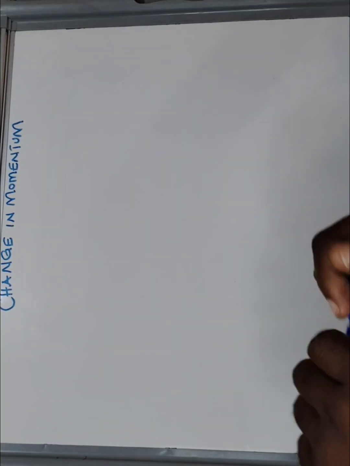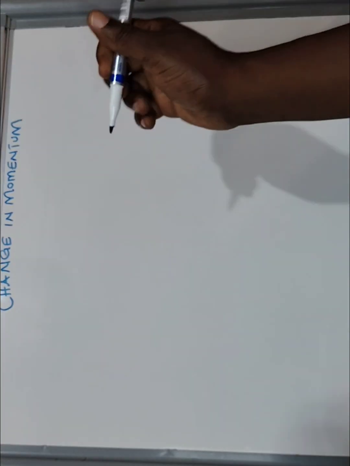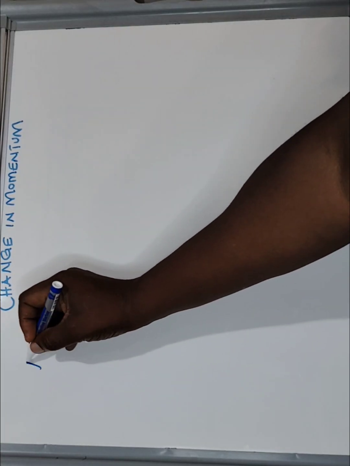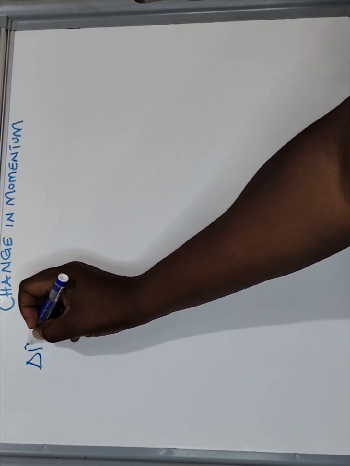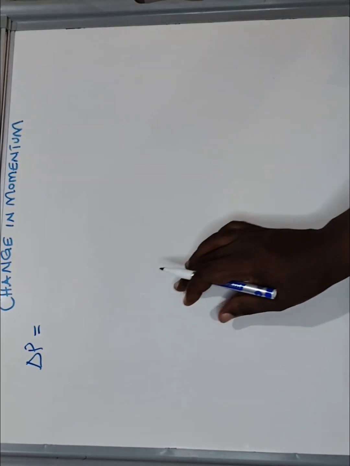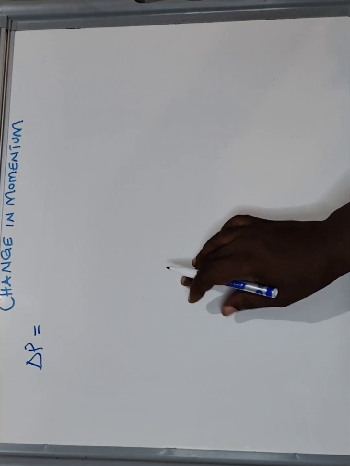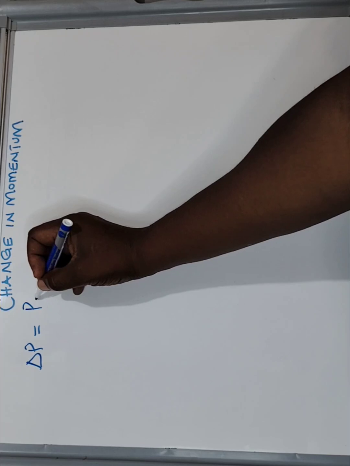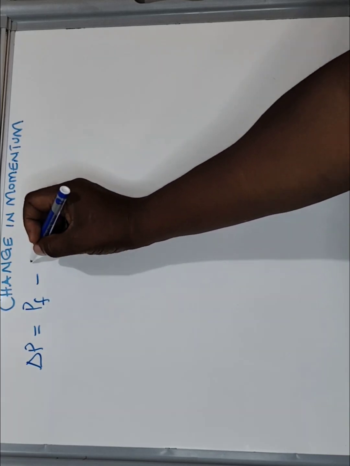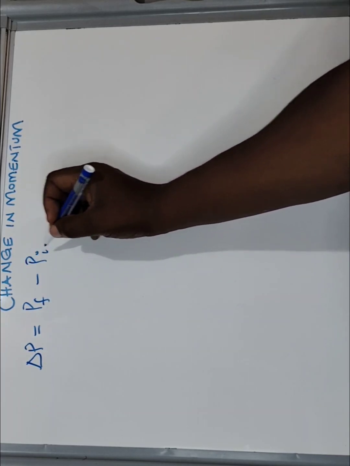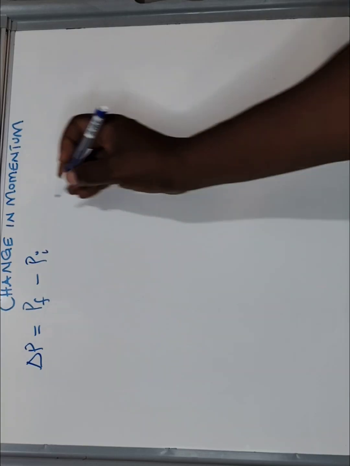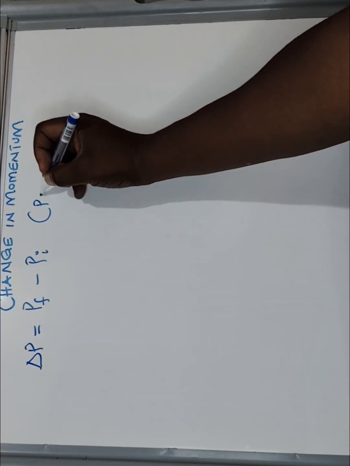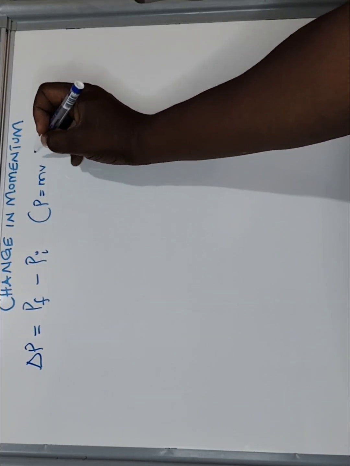And if we are taking that as the case, this is what we have to remember: delta means change. So if the change in momentum is delta p, then change in momentum is going to be p final minus p initial. You have to recall that every p is equal to mv.